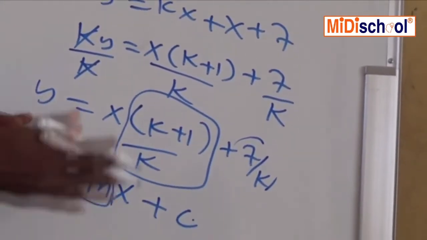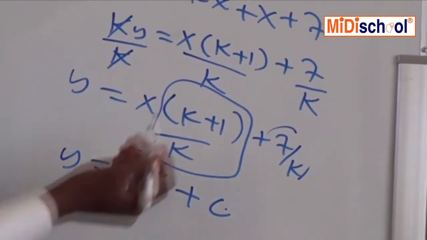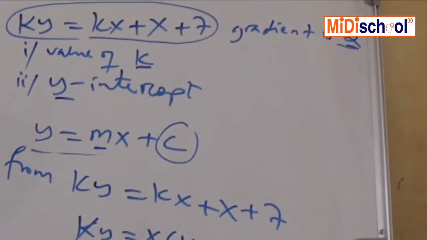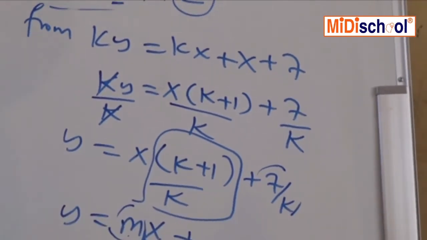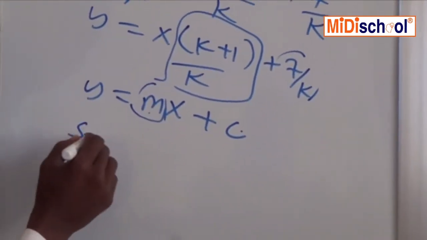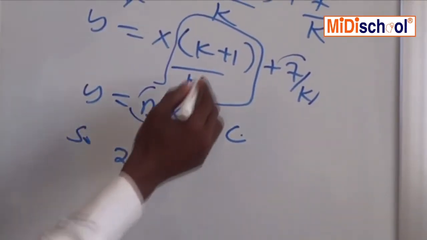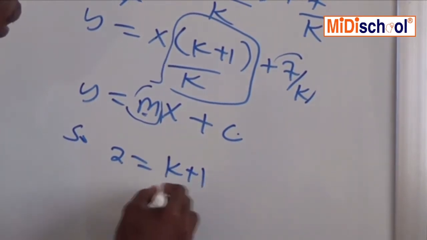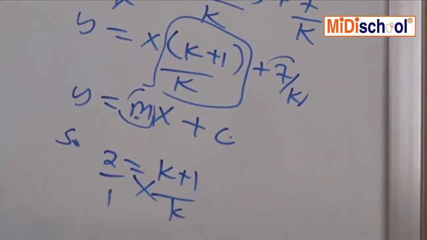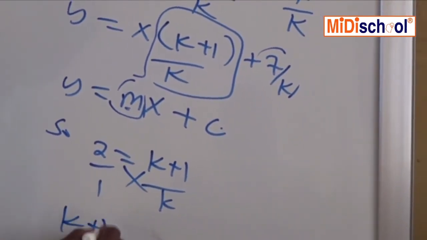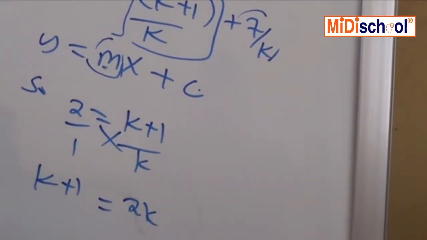So the equation is similar, and by saying so, we can now use m, which was given as 2, and equate it with k plus 1 over k to obtain the value of k. Easy like that. So we say 2, which is the gradient m, is equal to k plus 1 over k. This can be written over 1, and you can cross multiply and obtain k plus 1 is equal to 2k.